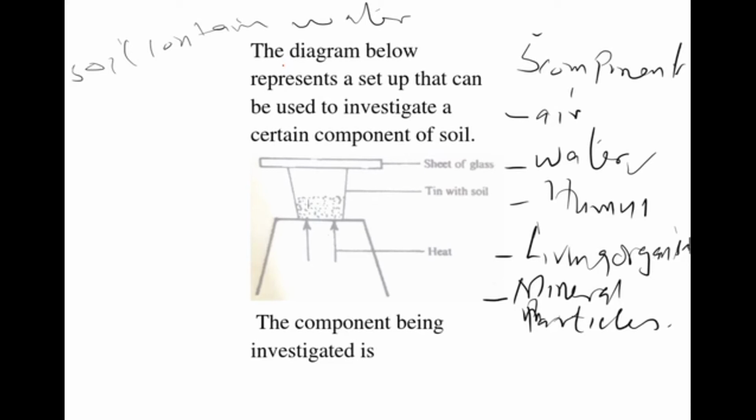When it evaporated, upon reaching the sheet of glass, the water condensed, and then it formed water droplets at the top there. Therefore, the experiment was meant to determine that there is water in the soil.